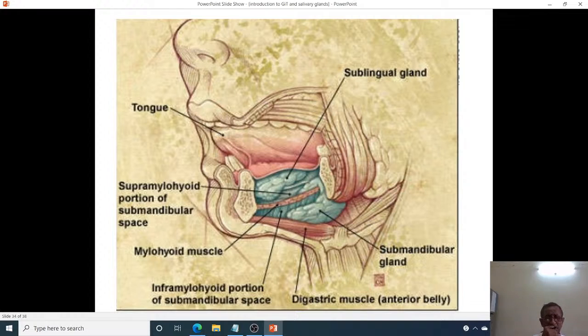Here we are showing the submandibular gland divided by the mylohyoid into the supramylohyoid part and inframylohyoid part. The sublingual gland lies above, below the tongue itself, whereas the parotid gland is on the outside.